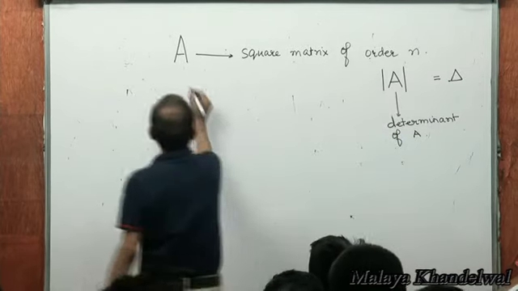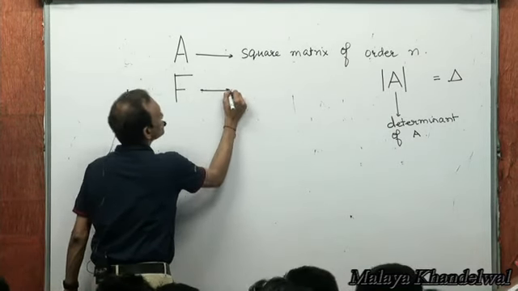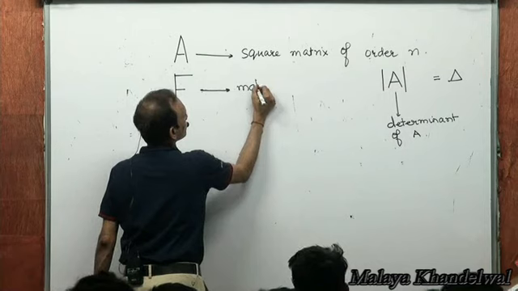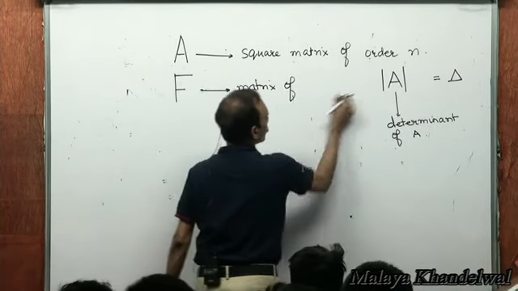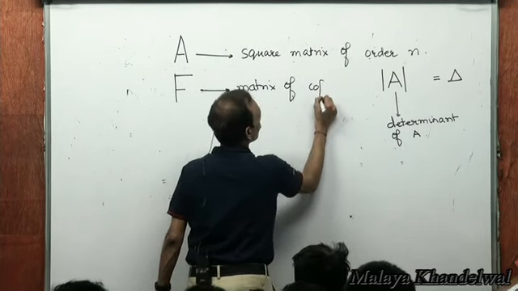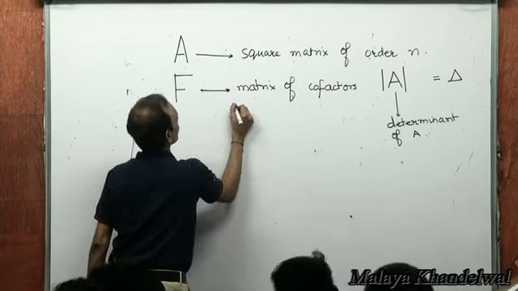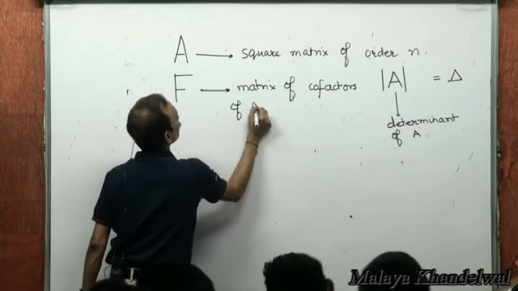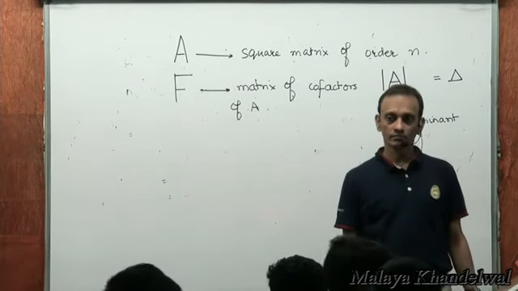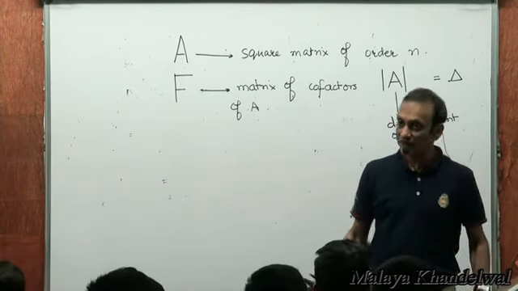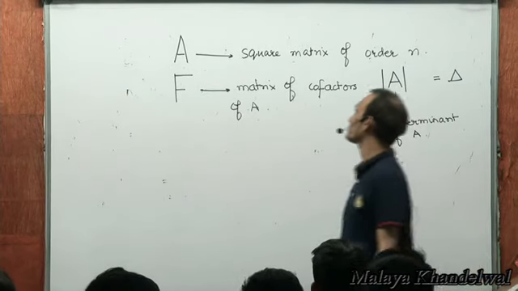F, say, is the matrix of cofactors of A. We've done that before. You have not forgotten, I'm assuming. Right?